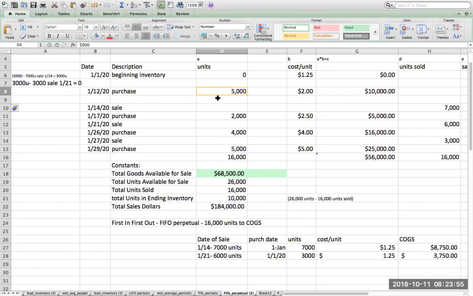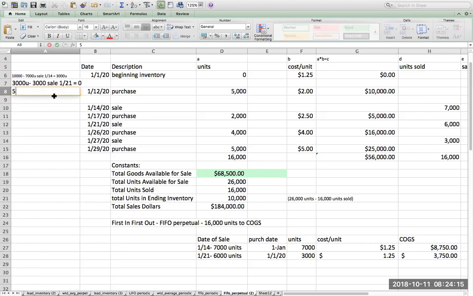So how many of these 5,000 units do I need to take? Well, I sold 6,000 on January 21st. I pulled 3,000 from here, what was remaining, so I need another 3,000 units.